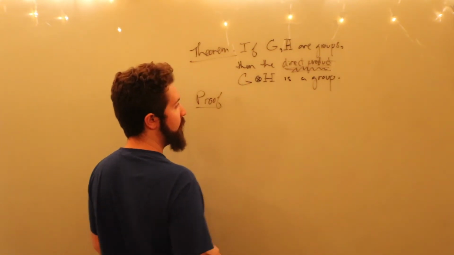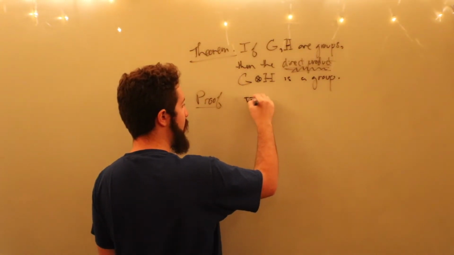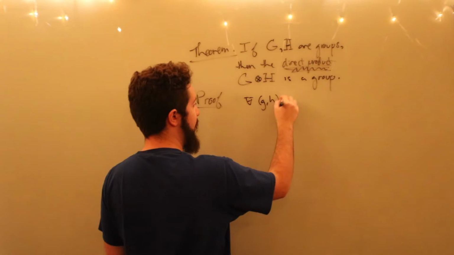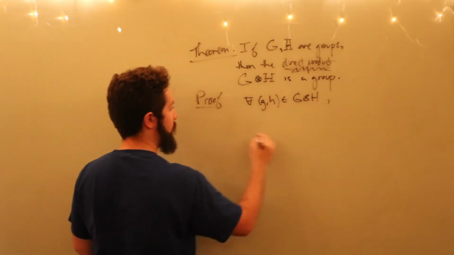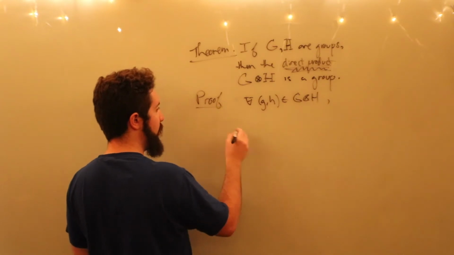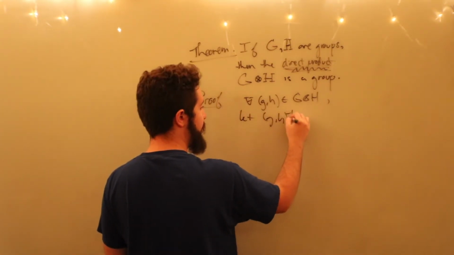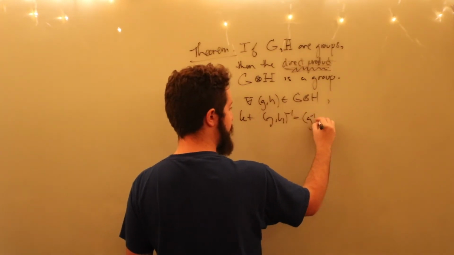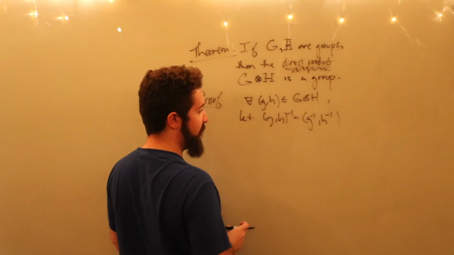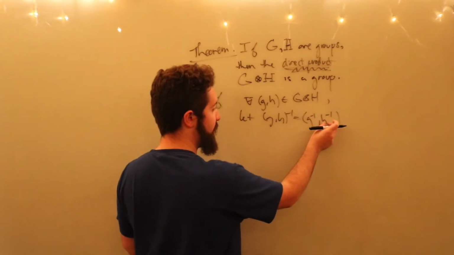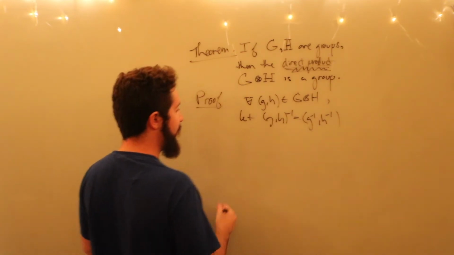Well, we know this. Suppose we consider, for all (G, H) in G cross H, let (G, H) inverse equal (G inverse, H inverse), where this is the inverse of element G in G, and this is the inverse of H in the group H. Then what are we going to get?